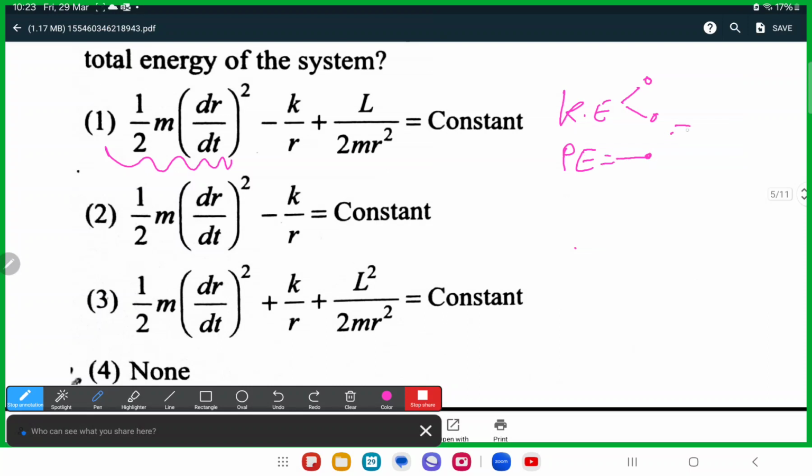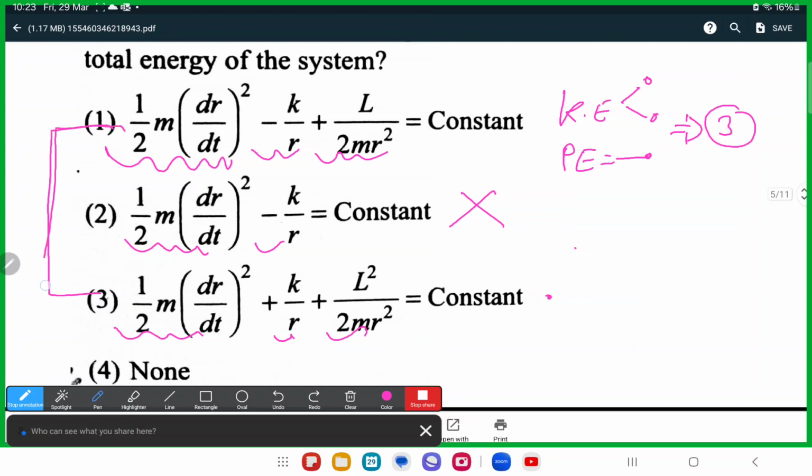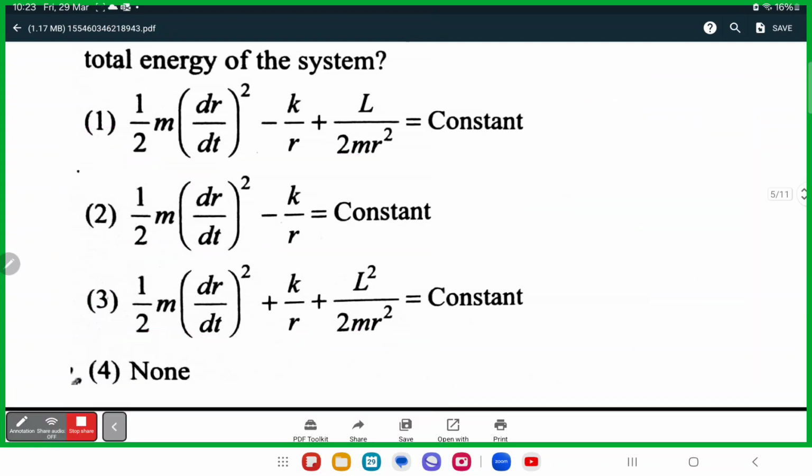So there should be a total of three terms. So one, two, three. One, two, this is incorrect. Now one, two, three, this may be, and none of these. So I thought the answer will be option one and option three. Clear? So let's quickly analyze.